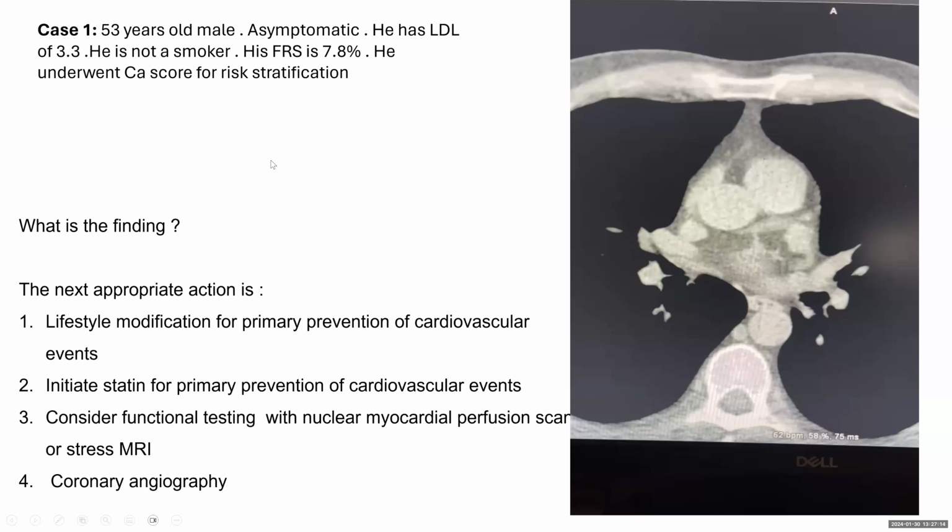Okay, so lifestyle modification. So the guidelines for prevention: once you commit yourself to doing a calcium score for risk stratification, you better act on it. So the limit for calcium score that probably warrants starting statin therapy is at what? Can you throw in a number?